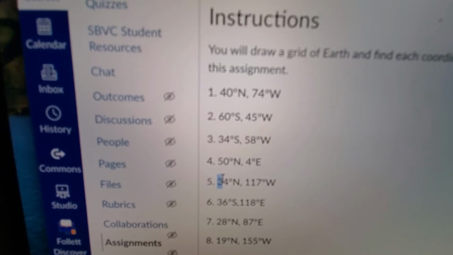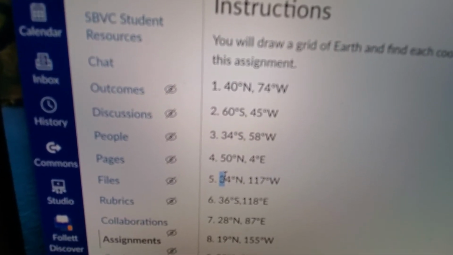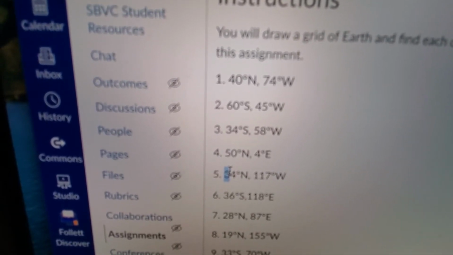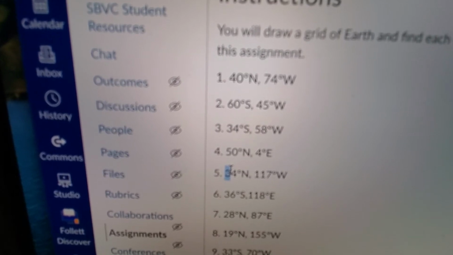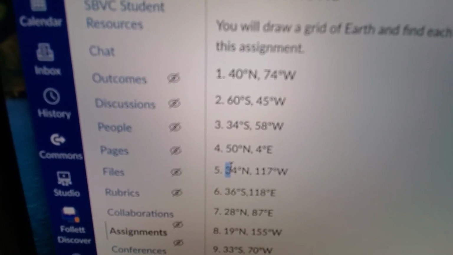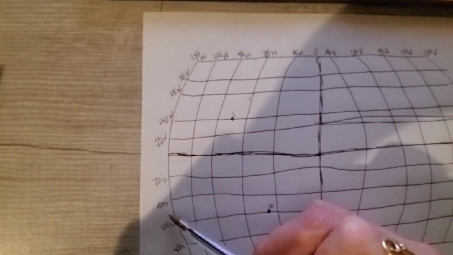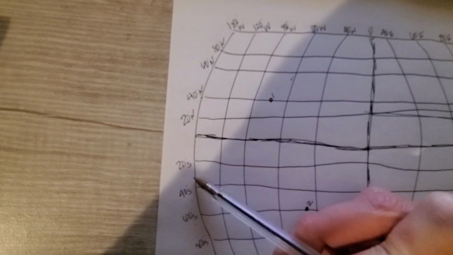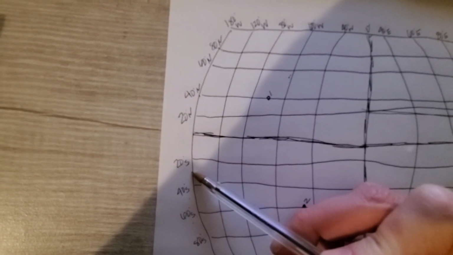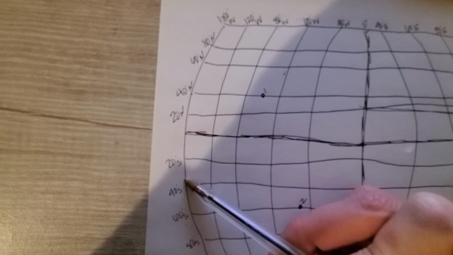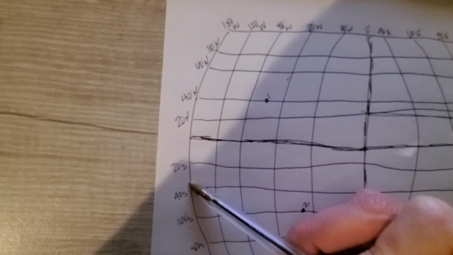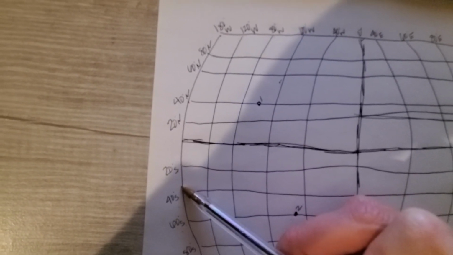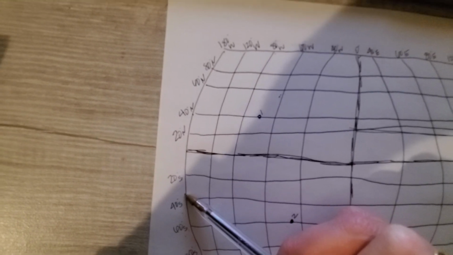Okay, let's do one more, last one. 34 degrees south, 58 degrees west. So we are in the southwest. Same area, so 34 degrees south. Let's find my 34. Here's my 20. Here's my 40. So 34 is about here. Then I have 58 degrees west.